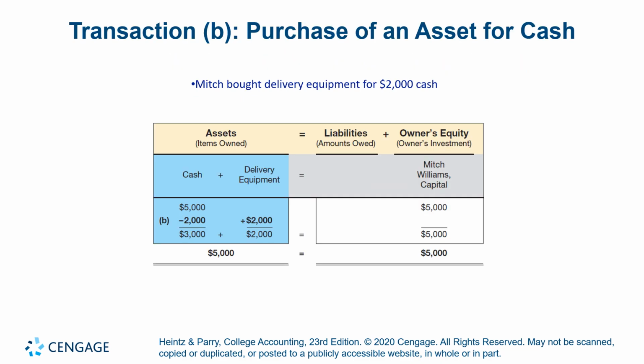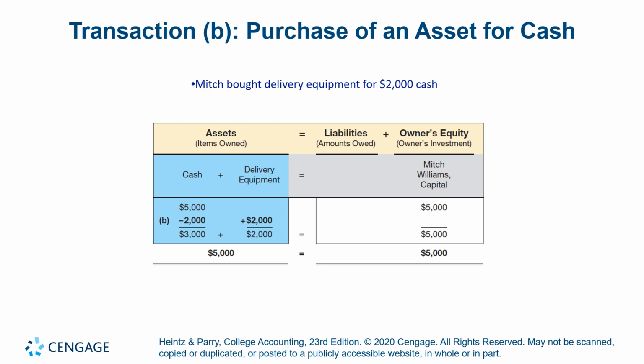All right, the next thing that Mitchell does is he purchases an asset for cash. So Mitch bought delivery equipment for $2,000 cash. All right, so first and foremost, his cash is going to decrease by $2,000. So we had $5,000 minus $2,000 gives us $3,000.